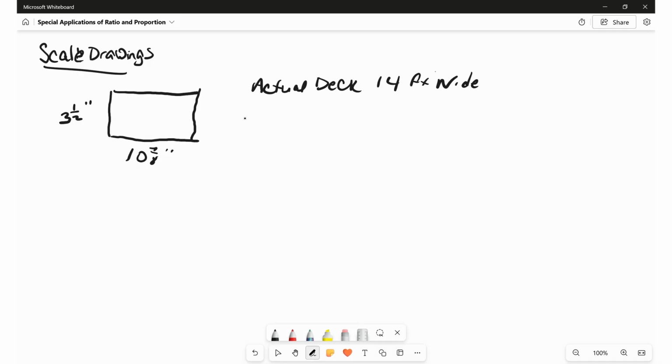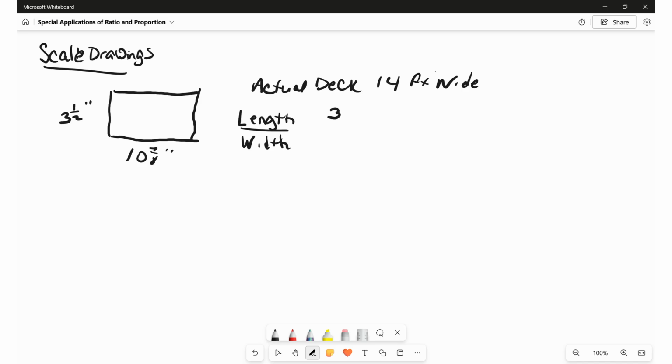But right now, we can create the ratio of length to width. And when we create this ratio, we really don't need to do any converting of measurements or anything. We can just go with what we've got.